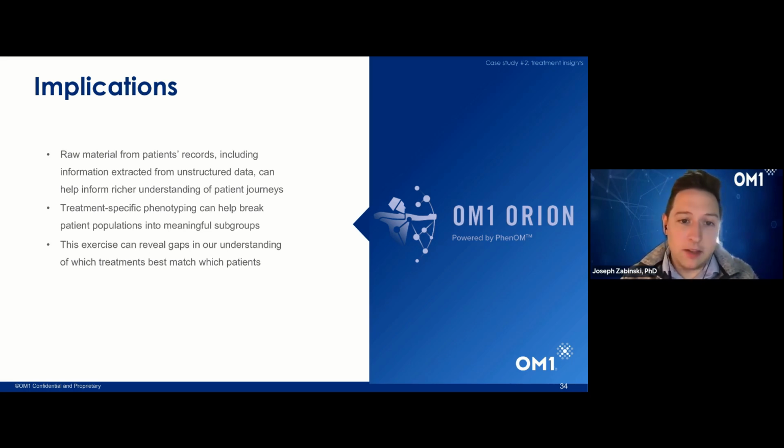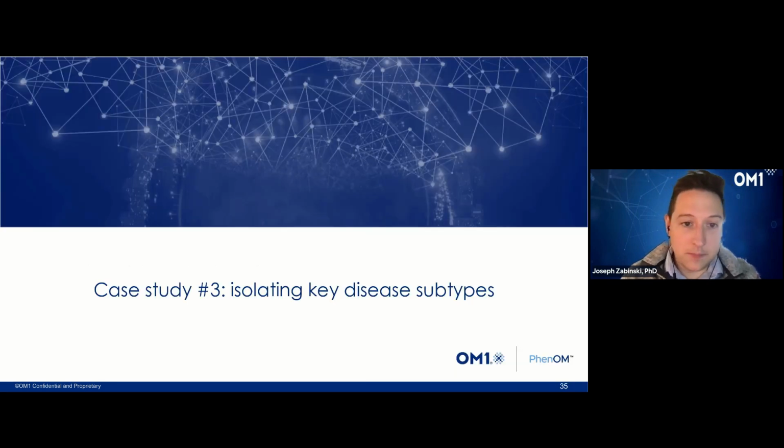As I was just describing, the treatment-specific phenotyping can break patient populations into meaningful subgroups and meaningful subjourneys, right? We can clarify or crystallize what's going on with a certain kind of patient as they progress along a treatment decision path. And ultimately, this can really help us shine light and insight onto which treatments best match which patients.